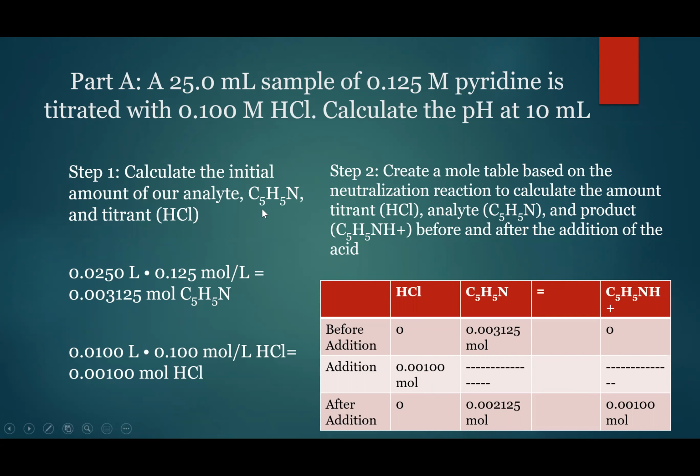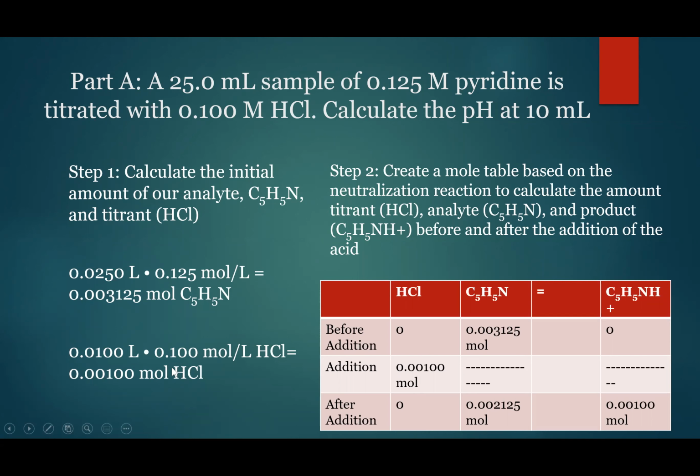So with step one, calculating the initial amount of our analyte, we have 0.0250 liters times 0.125 moles per liter, which is its molarity, equals 0.003125 moles of C5H5N. Next, to find the moles of hydrochloric acid, we have 0.0100 liters, which is 10 milliliters converted to liters, times 0.100 moles per liter HCl equals 0.00100 moles of HCl.